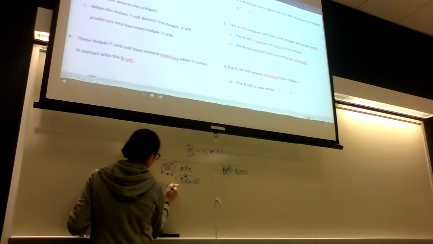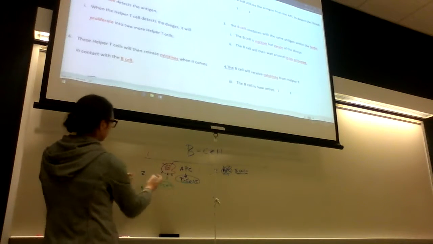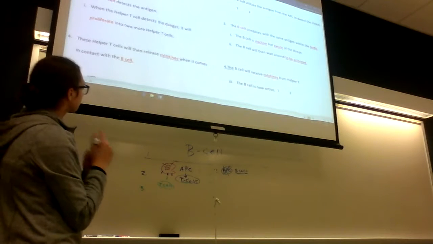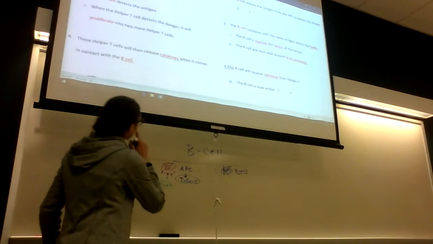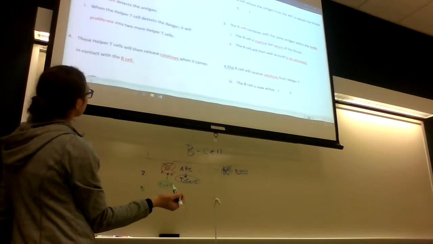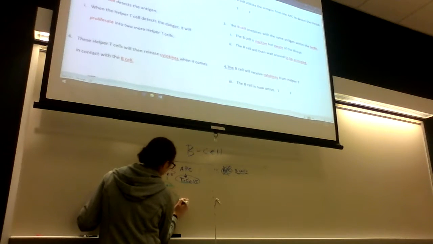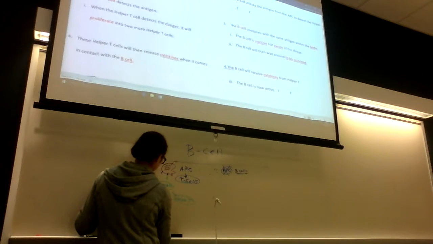So they connect right there. And when the helper T cell detects the danger, it will proliferate into 2 more helper T cells. So helper T, helper T.